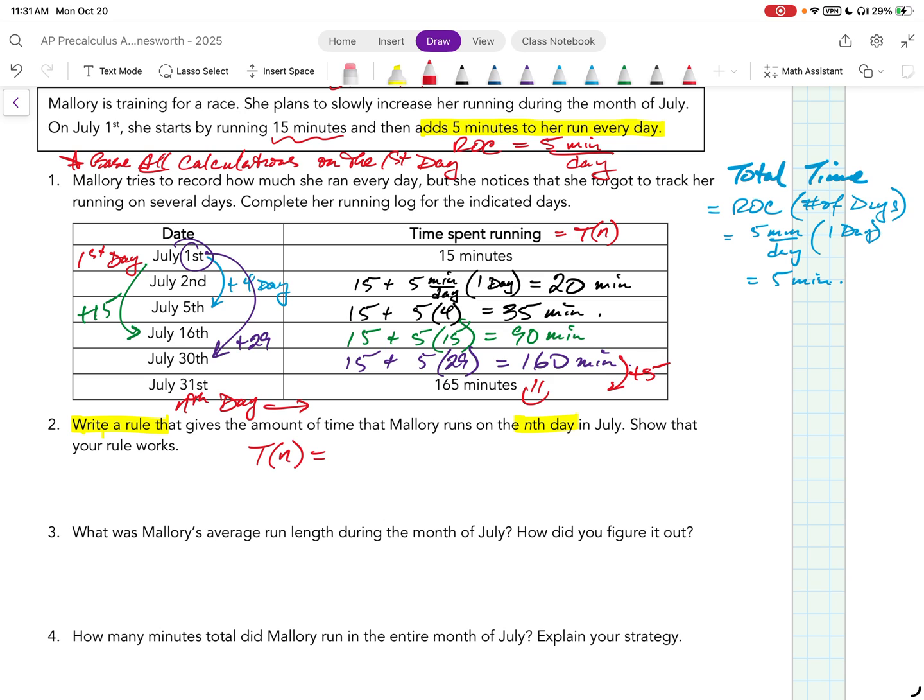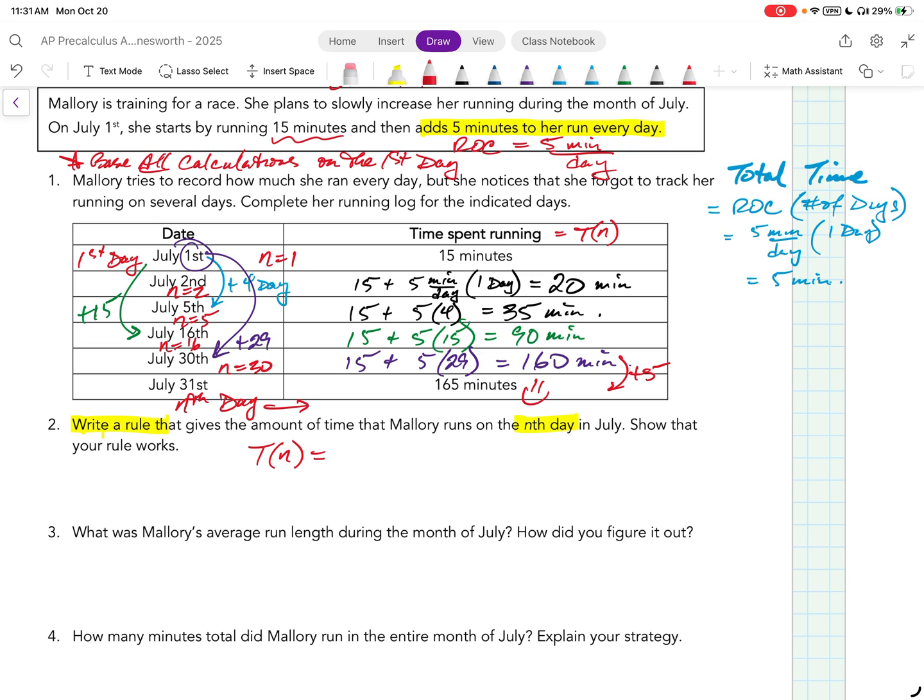Okay, so to understand that, we actually have to define n. So what's n? Well, July 1st, let's consider that n equals 1. July 2nd, n equals 2. July 5th, n equals 5. So July 16th, n equals 16, and so on. July 30th, n equals 30.